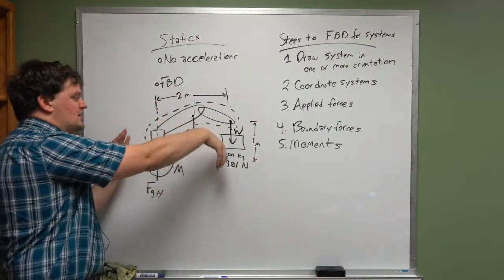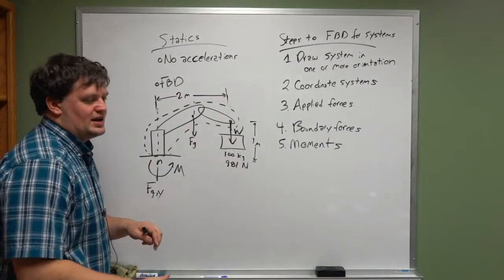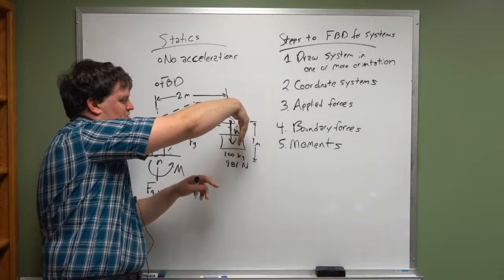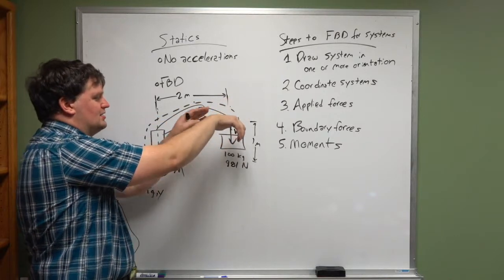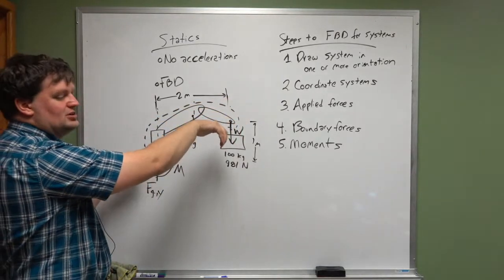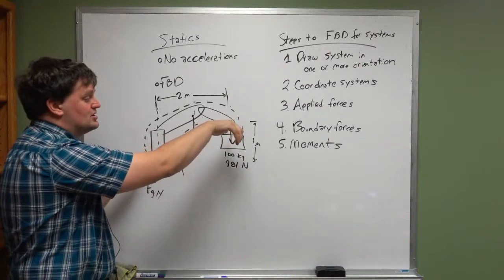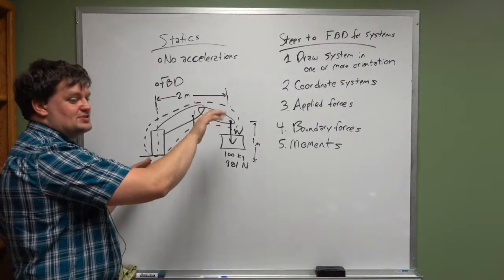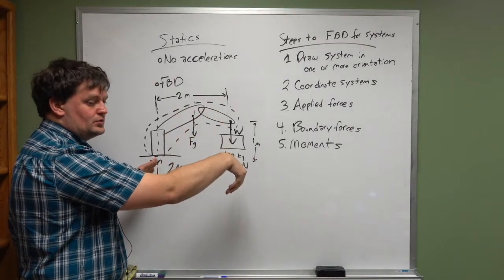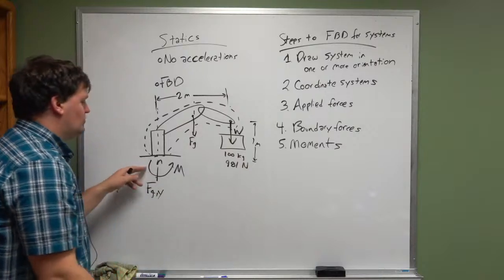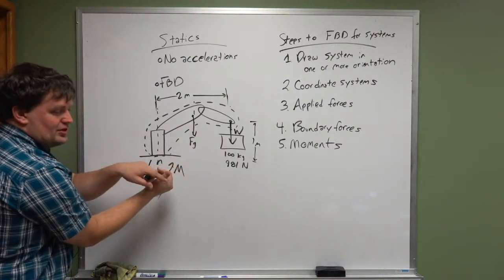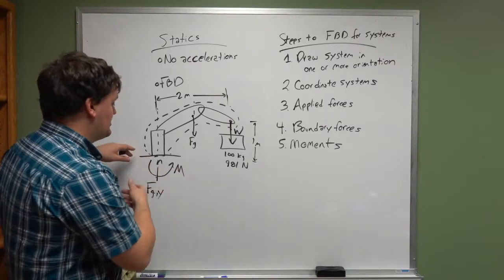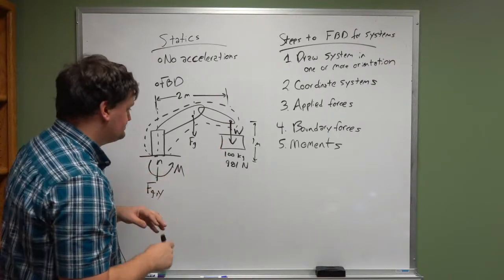If you use your right hand rule, you slap your fingers on the vector here, you curl your hand in the distance vector from this vector to the point of application of that force, and your thumb points in the direction that it rotates. It is curling this way. We have to apply a counter moment, where the thumb is now pointing out of the board, in order to counter that. So we know that M is going to be in that direction.